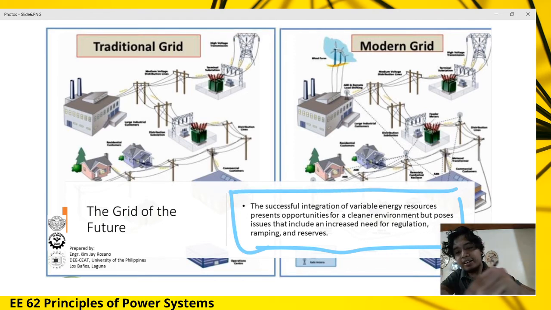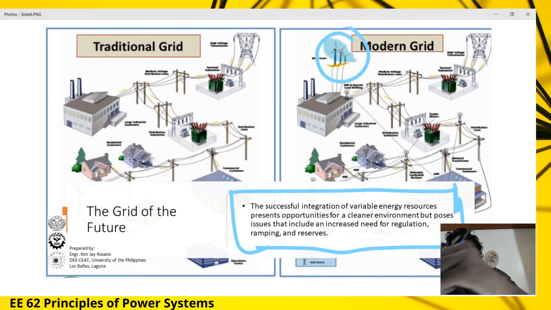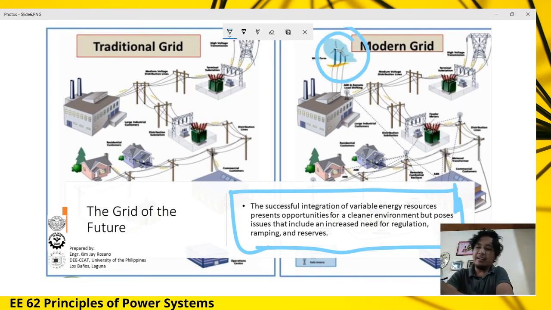So this is an interesting statement here. So the idea is that your distributed generation presents a lot of opportunities. Well, kasi you have very limited source of energy. Well, that's in the past.